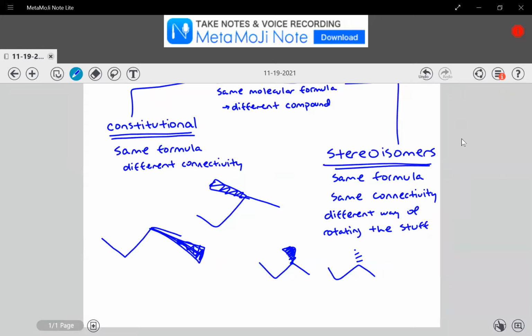See, they've got the same connectivity. And both of these, this thing right here is sticking out on the exact same carbon. But the only difference is that it's sticking out in 2 different directions. Okay? So stereoisomers, same connectivity, same formula, just different way of putting the stuff. This time the stuff is sticking back, here the stuff is sticking front.